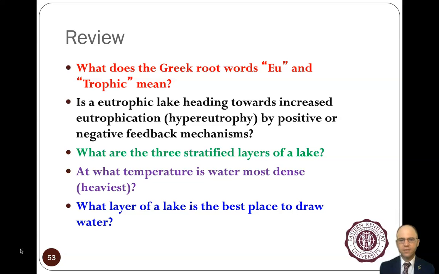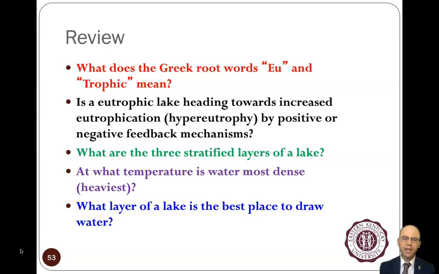Typically it feeds upon itself, and it just makes itself worse and worse. Depending upon if you want it to become a wetland, this is a good thing, but as it becomes hypereutrophic, it speeds up the likelihood that it becomes even more hypereutrophic. That's a positive feedback mechanism.